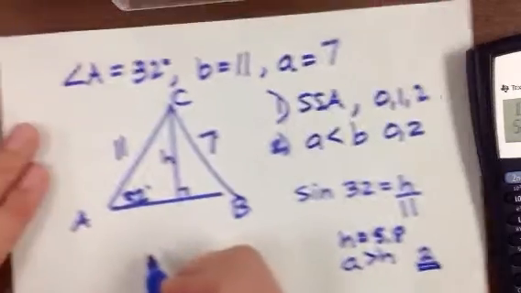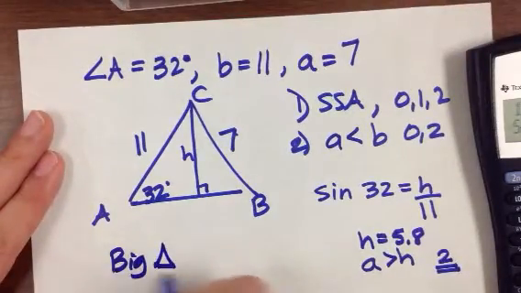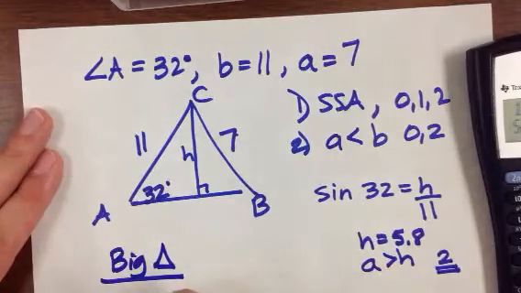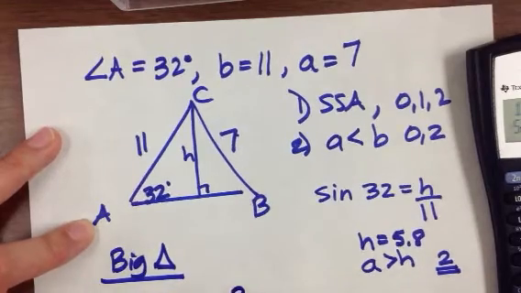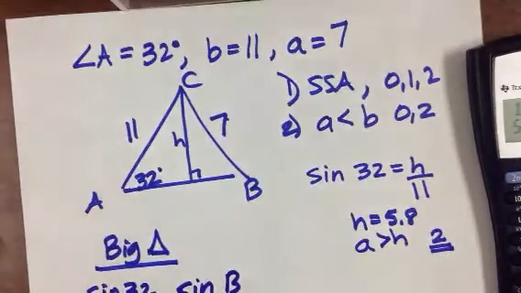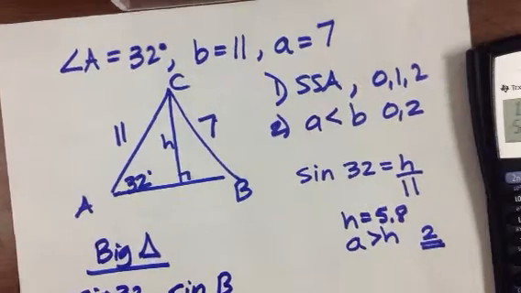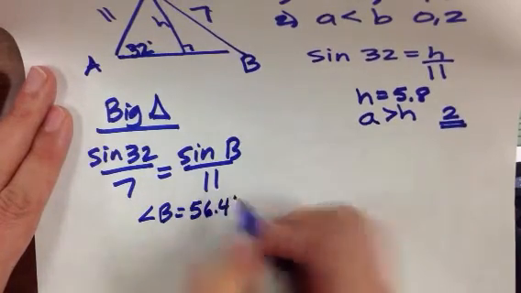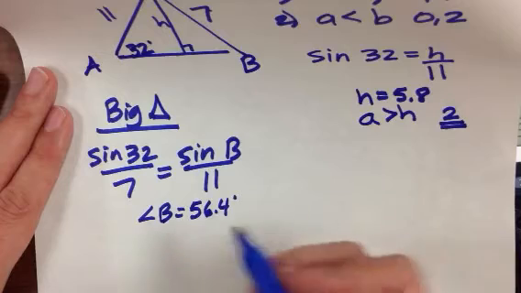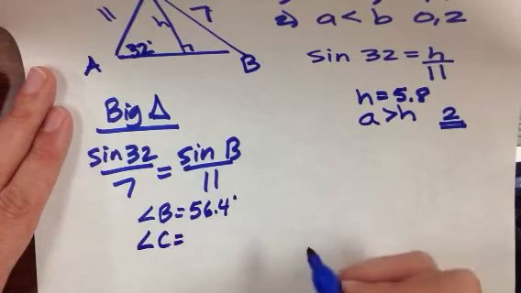So let's do the big triangle first. Triangle ABC. I know sine of A, which is sine of 32 over 7, is going to give me angle B, because I know the opposite side is 11. If I solve this, angle B will be 56.4 degrees. And then I know the triangle angle sum has to add up to 180.